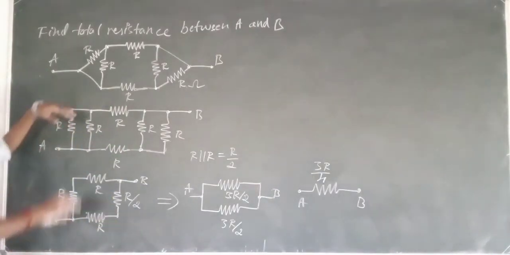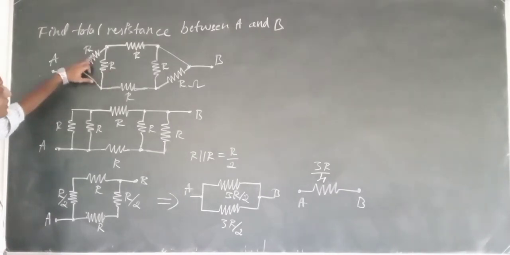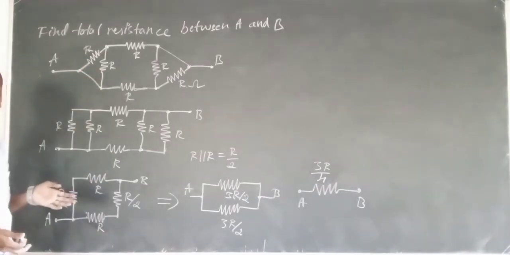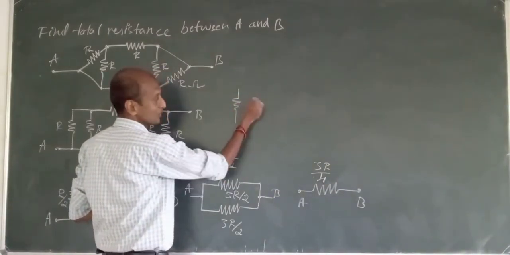Now here we will see at this point. If I see this resistance R and another resistance R, I can find out whether they are in series or parallel. Parallel combination is what?